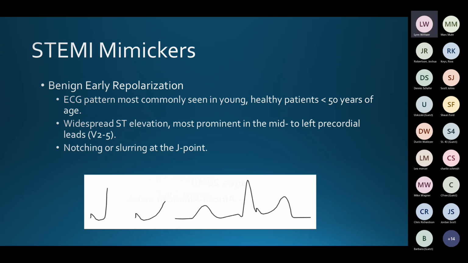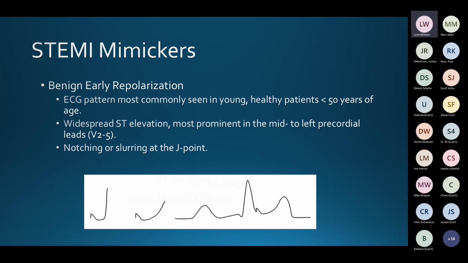Benign early repolarization is actually reasonably common. I did not include that. I did not put that at the very beginning of common things, because it's not something that most medics are going to pick up on.